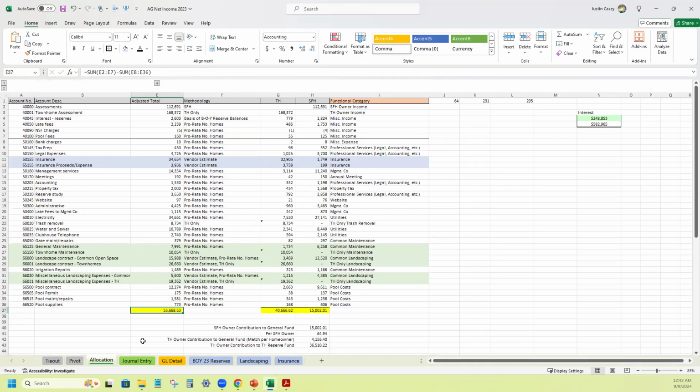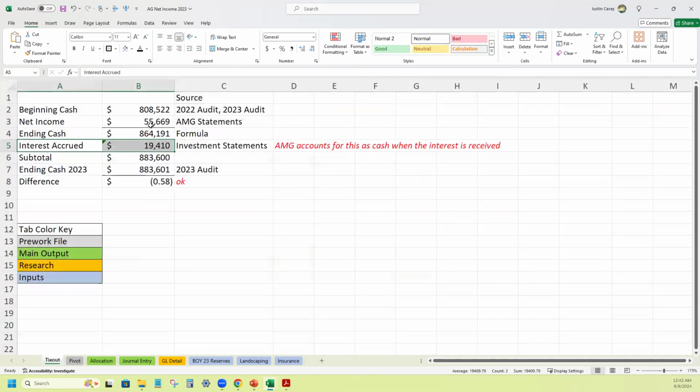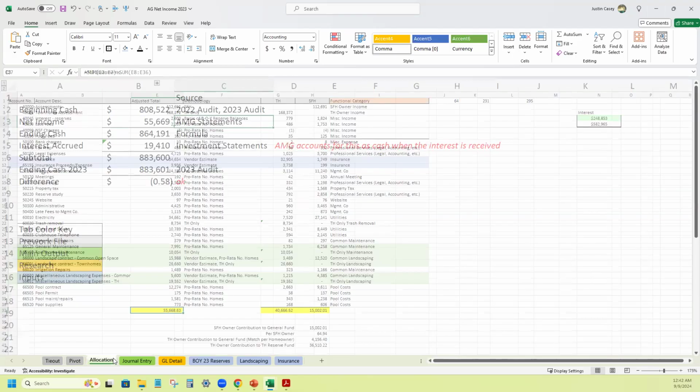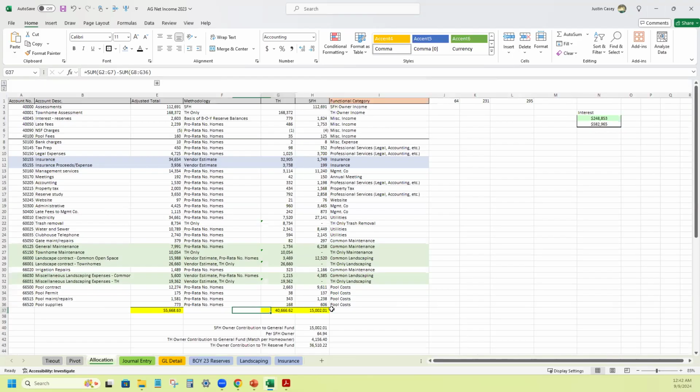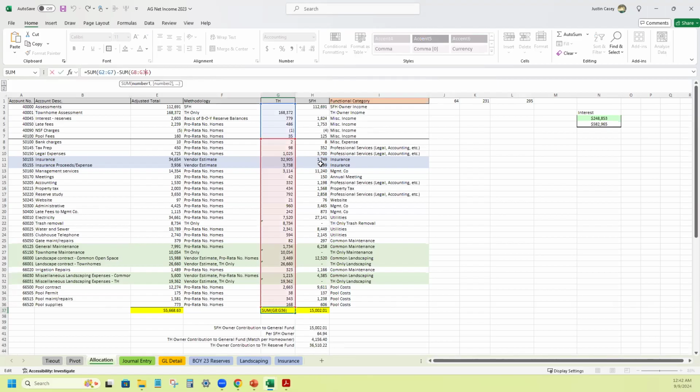So from here, the 55,669 that we were looking at from the previous video is broken up into the same formula. We take the 4,000 series accounts minus the 5,000 and 6,000 series accounts, and come up with a net income for each side, that's townhome and single family home.